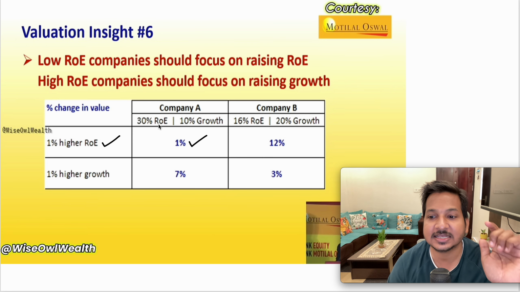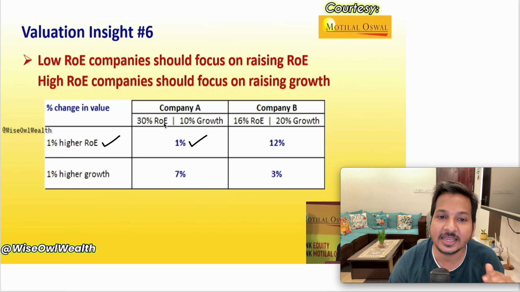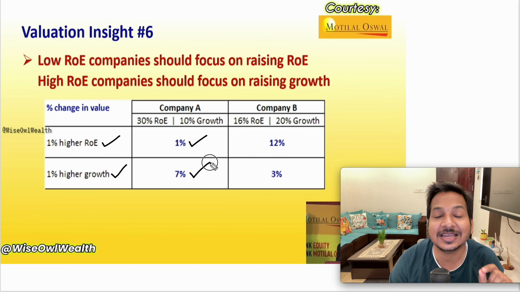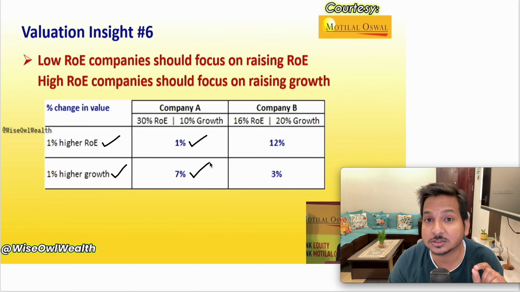We have seen in the last slide that after a certain limit of 30-40%, if you increase ROE it will not add to the value. So such an already high ROE company should focus on growth, because if they increase growth by 1%, from 20 to 21%, their value will increase by 7%. If value increases, your stock price will also increase.